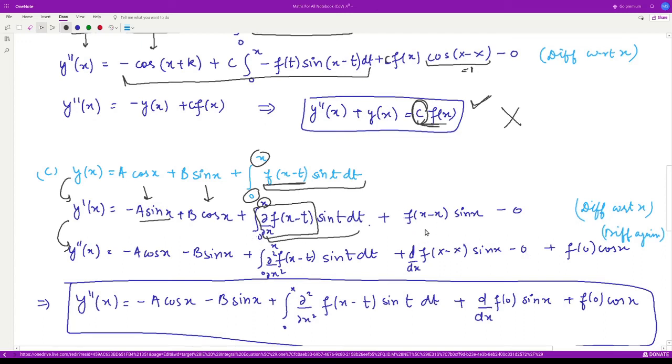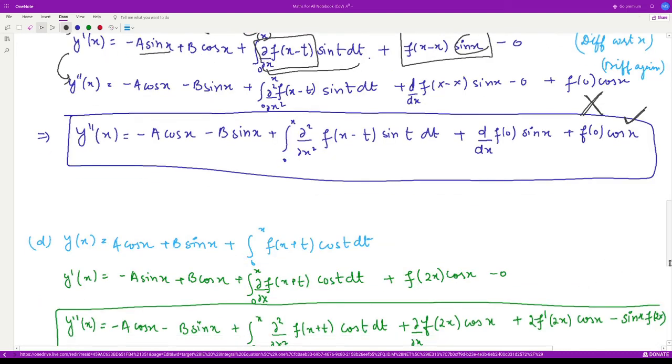Now the derivative of this term, here f of 0, it is a constant, but we do not know what is its value, therefore its derivative would be simply the derivative of sin x, that would be cos x. So we have this term. Obviously this is not equal to the given differential equation, so this cannot be the solution. Option 3 is discarded.